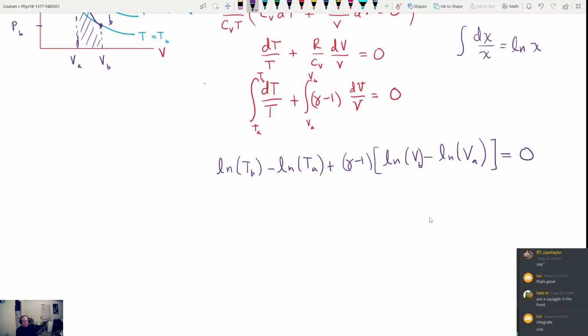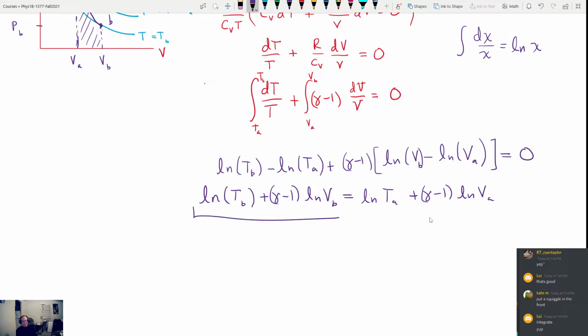All right, so that's a lot of stuff to look at, and it's not a particularly useful equation, but if we rearrange it, if we group all of the B's on one side of the equation and we group all the A's on one side of the equation, then we start to notice that, similar to the Bernoulli equation, we've just come up with something that's constant.